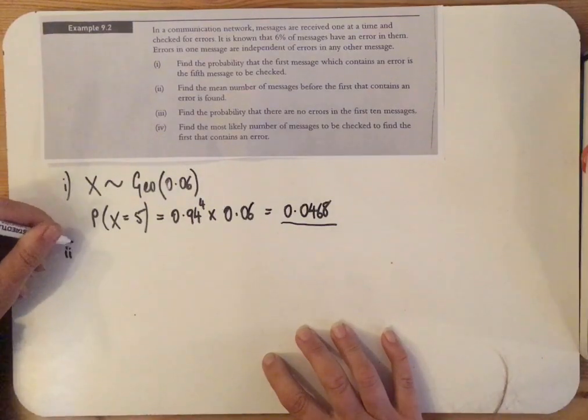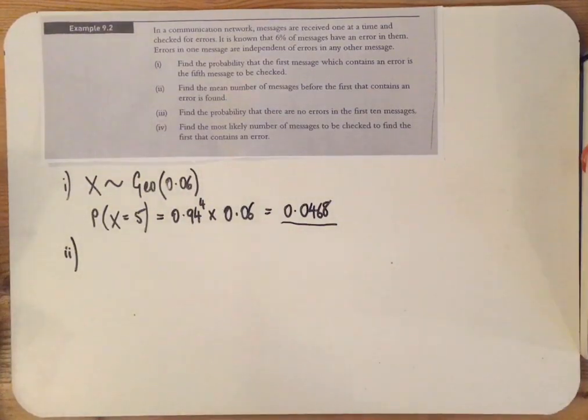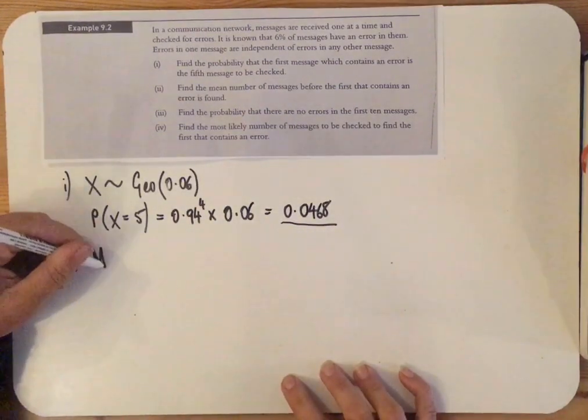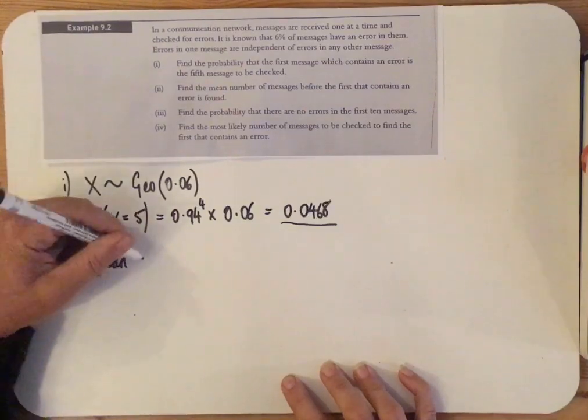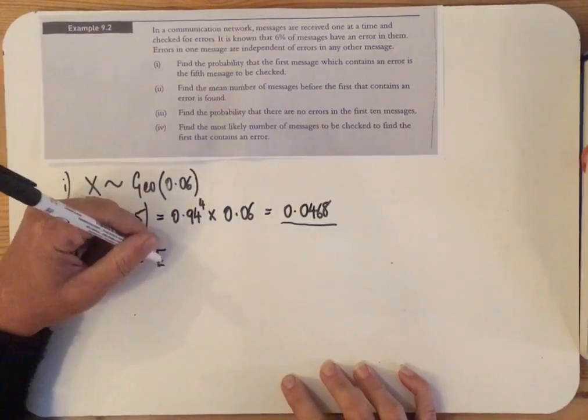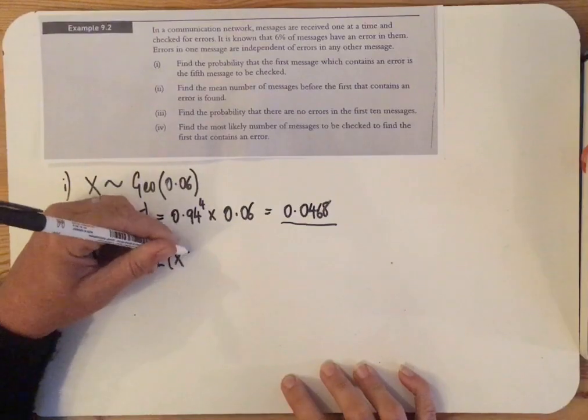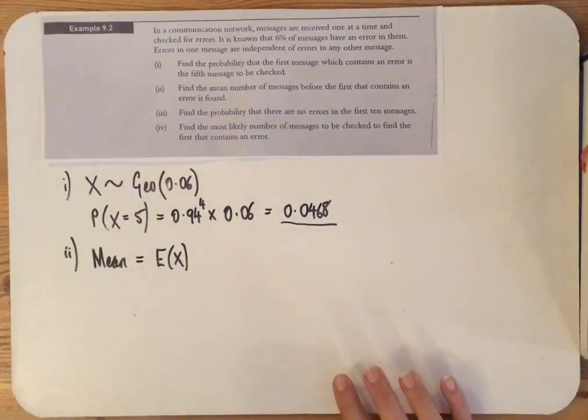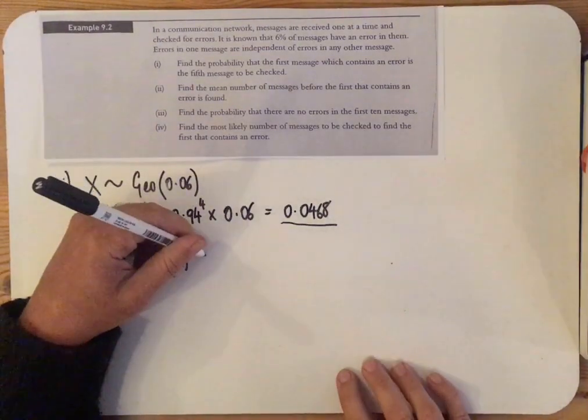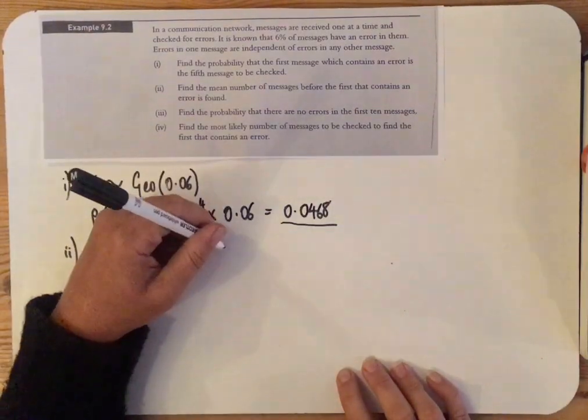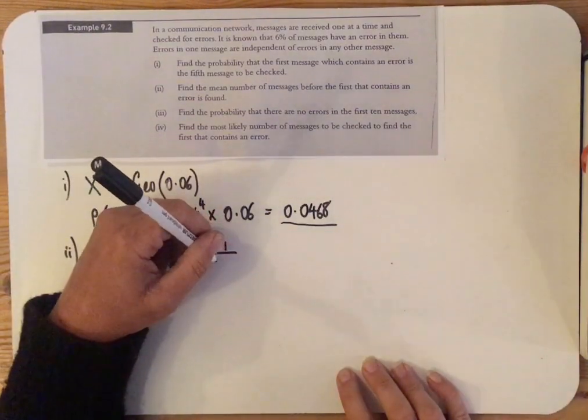Second part, find the mean number of messages before the first that contains an error is found. So the mean is the same as the expectation. You should be happy with that. I did some work on that before. And the expectation of a geometric distribution is 1 over p.